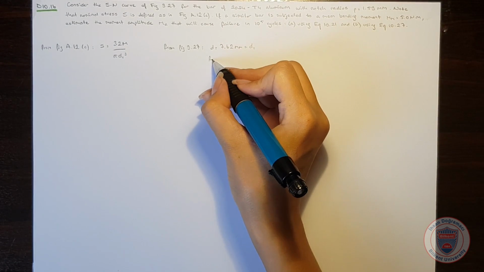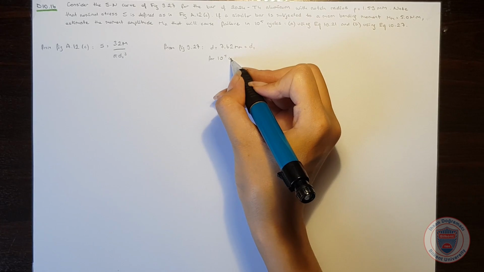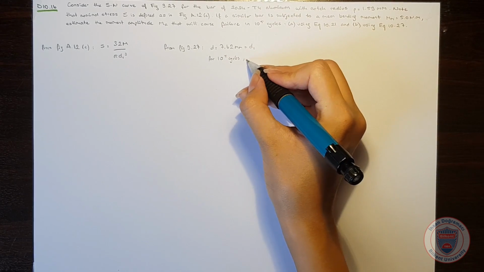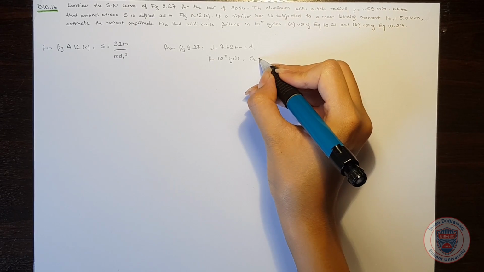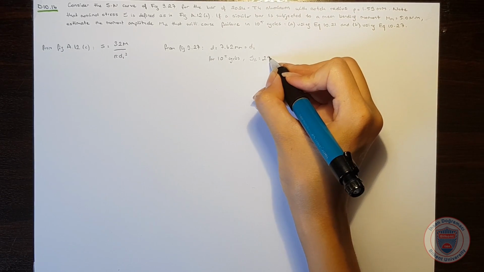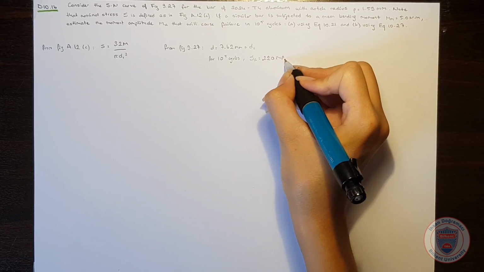Furthermore, for 10 to the power of 5 cycles, the nominal stress amplitude will be equal to 220 MPa.